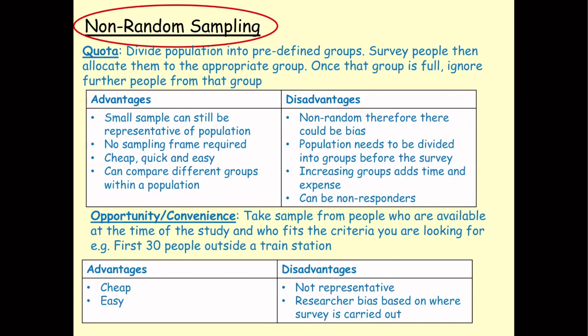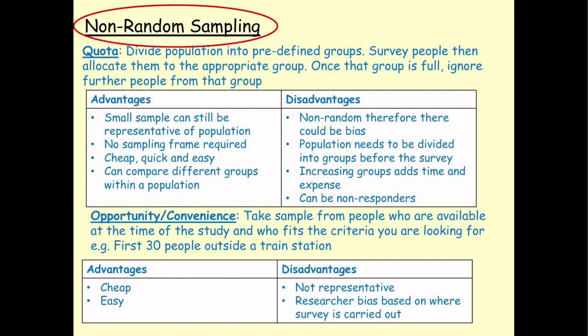Another one is opportunity or convenience sampling. So this is where you take a sample from people who are available at the time of the study and who fit the criteria you're looking for. So for example, it could be that you stand outside the train station and ask the first 30 people. This is cheap and it's easy, however, it's not representative, and researcher bias is based on where the survey is carried out.